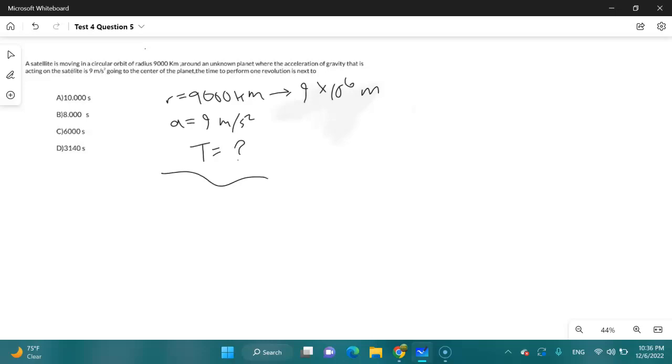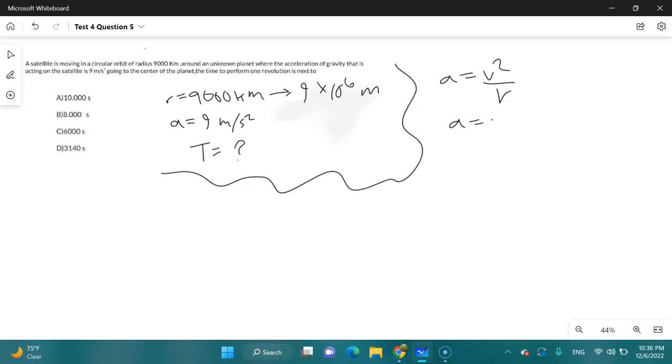So the first thing we're going to need is to simplify the velocity into an equation. The only equation we have for velocity is that the acceleration is equal to the velocity squared over the radius. And of these values, we only really have the acceleration because we don't have the velocity yet. We can't plug it in yet.